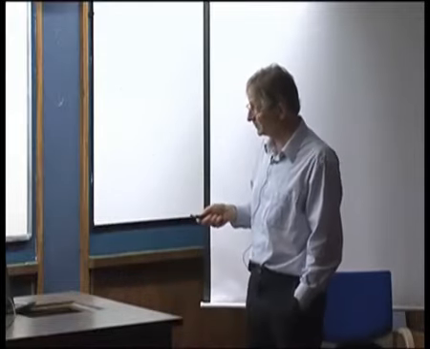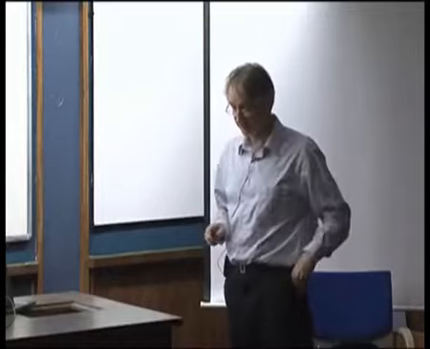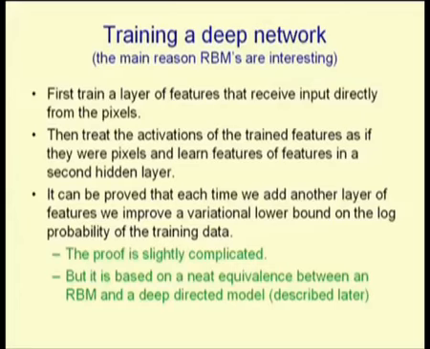Now, if we'd done it all with binary activations, which also works, it's just a bit noisier, we can prove that every time we add another layer, if we do it in the right way, we get a better model of the data. In fact, the first time we add another layer, we do really get a better model of the data, or the model doesn't change. The second time we add a hidden layer, so when we're adding the third hidden layer, all we can guarantee is we're improving a variational bound.